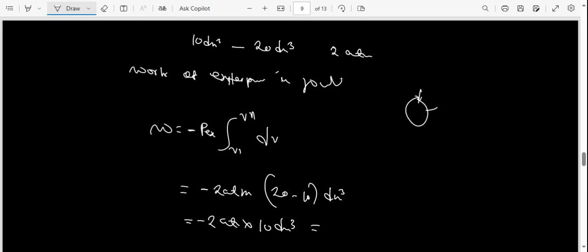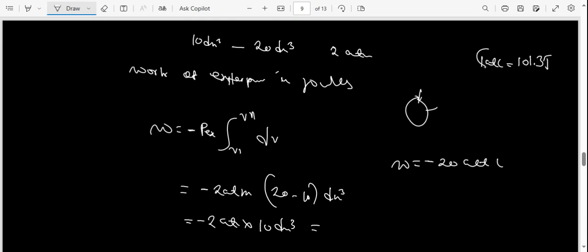Remember, calculate the work of external pressure in joules. So we have this work now, measured in negative 20 atm. This decimeter cubed is equal to a liter, so I'll say liter. I know that 1 atm liter is equal to 101.3 joules.